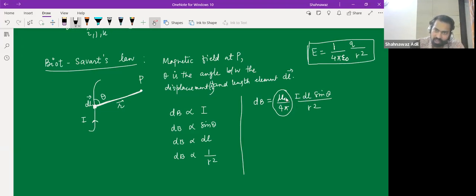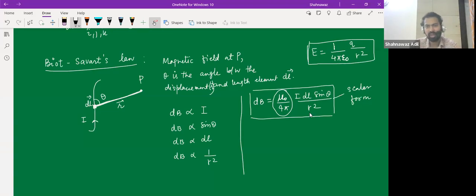So this is the scalar form of the Biot-Savart's law, right? I'm only talking about the magnitude. But what will be the Biot-Savart's law in the vector form?